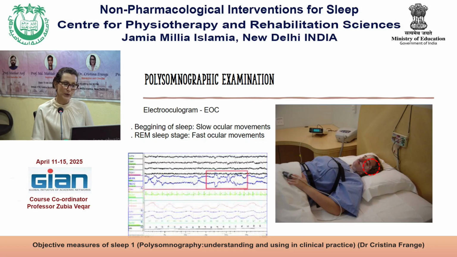At the beginning of sleep, we will see slow ocular movements, and in the REM sleep stage, we will see very fast movements of both eyes. We can see here in these blue waves the left eye and the right eye, okay? So we see how they are moving during the whole night.